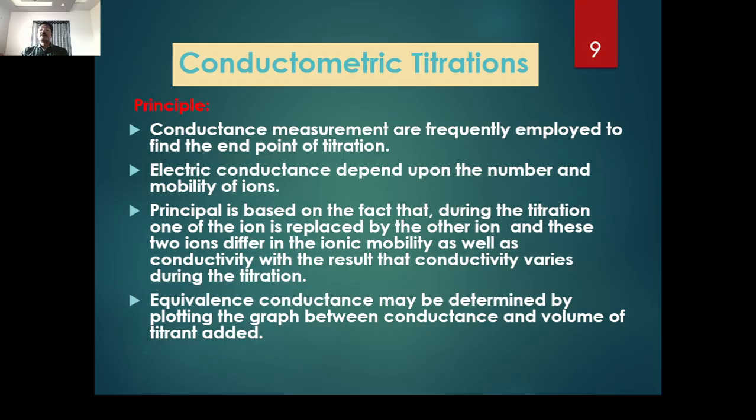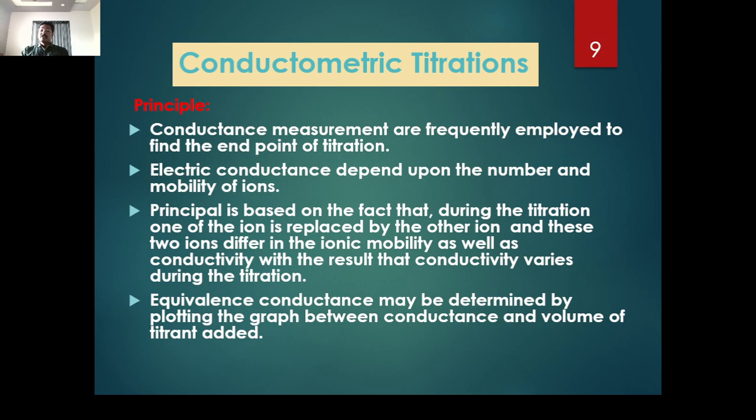Electric conductance depends upon the number and mobility of ions, as we know. Conductometric titration is based upon the mobility of ions. Different ions have different ion mobilities; faster ions give more conductance, and slower ions give less conductance in the conductometer.